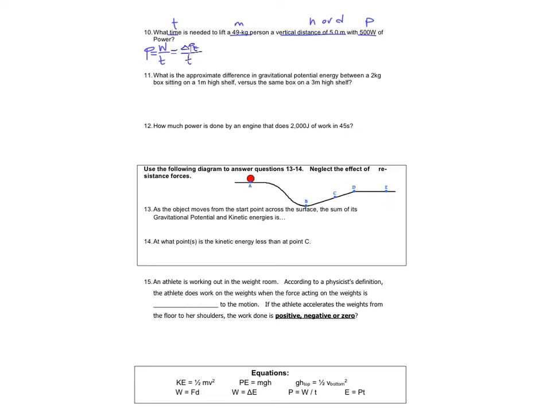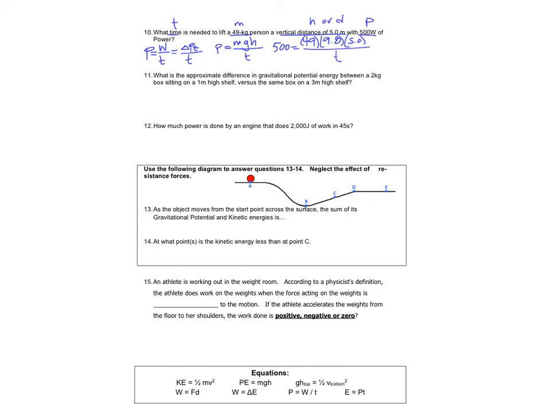So what you end up with is power equals mass times gravity times height divided by time. So my power is 500, mass is 49, gravity is 9.8, height is 5, all divided by t.